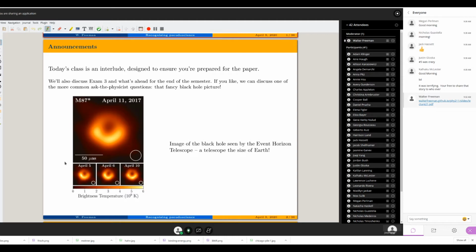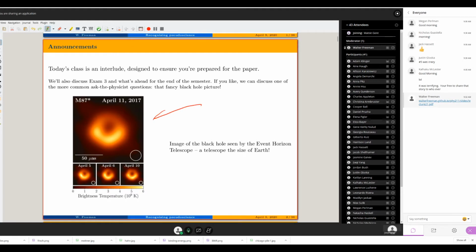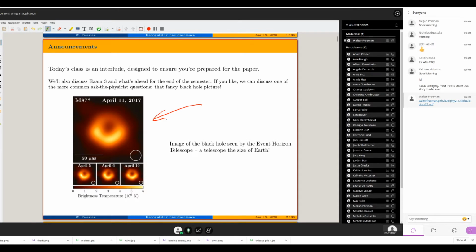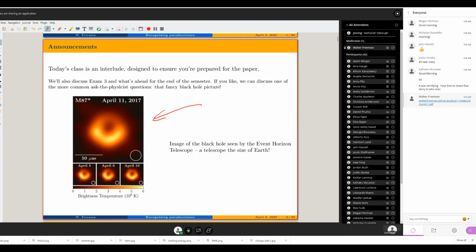So we're going to talk about how that was done. People probably remember this super famous image from last year. This is the first ever real picture of a black hole, and this was done last year by a fantastic collaboration of folks, and we'll talk about how that was done.